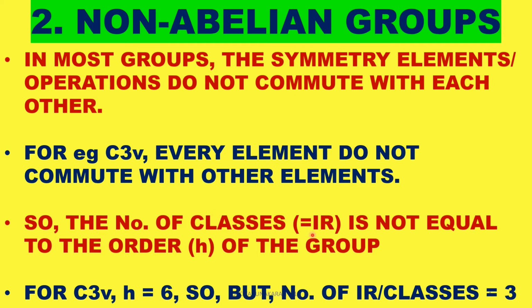So the number of classes, that is the number of irreducible representations, is not equal to the total number of symmetry operations of the molecule. For example, C3V ammonia molecule, h equal to 6, there are 6 symmetry operations, but the number of classes or irreducible representations equal to 3.